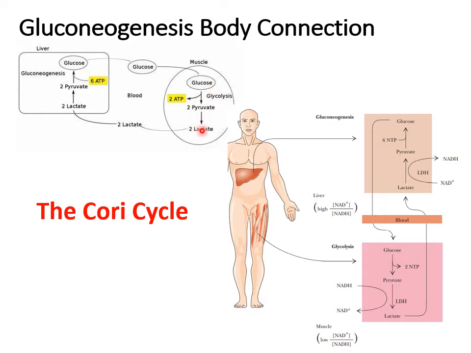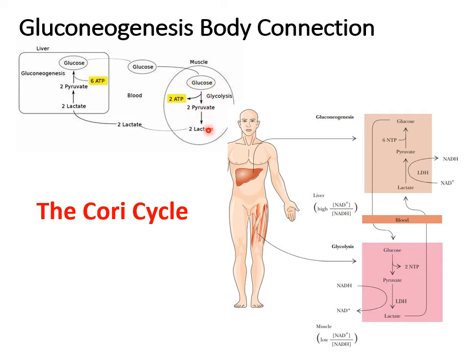And then in the Cori cycle, that lactate, if you follow it, goes to the liver. It's transported by the blood to the liver, and there it'll undergo gluconeogenesis. In the liver, gluconeogenesis is going to convert that lactate back to glucose, which can then be carried back to the muscles through the blood, and then can be used again in glycolysis to produce that energy.